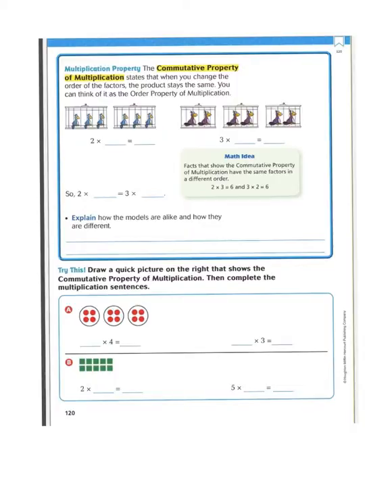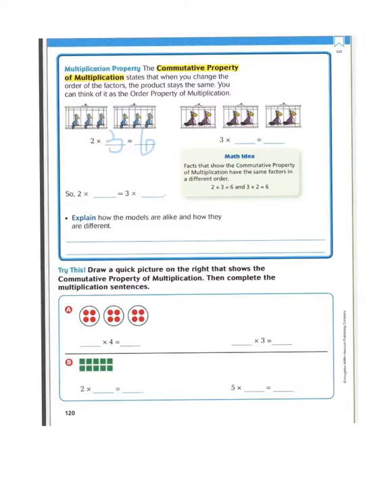So look at the first picture of the birds. There's 2 equal groups, 1, 2, with 1, 2, 3 birds in each cage. So the multiplication equation here is 2 times 3 equals 6. And then look at the other picture.